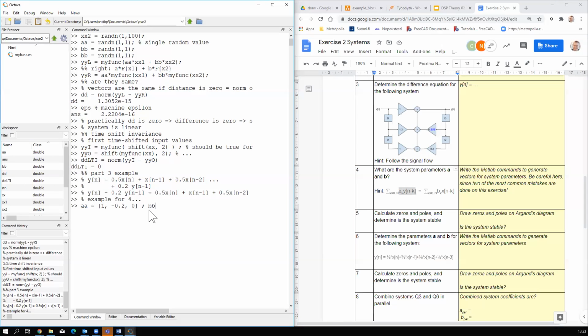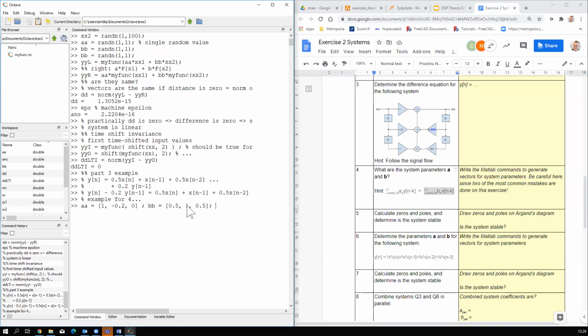And then the parameters b, which are the numerator polynomial coefficients, or they are the parameters for the feed forward term: 0.5, 1, 0.5.